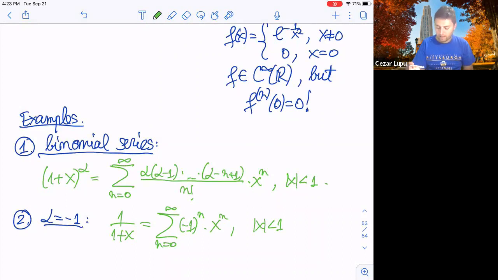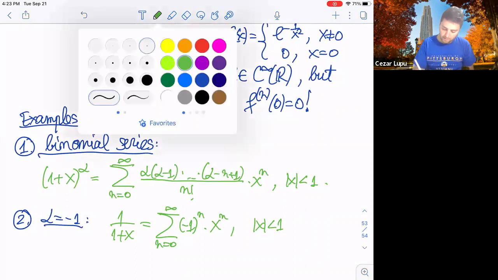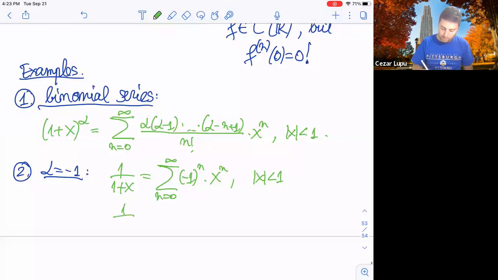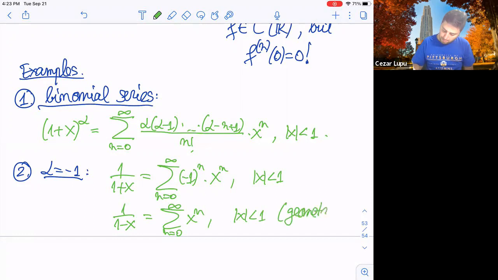If we take x to negative x, we can also have the classical geometric series. These are the geometric series, in fact, let me write them here.